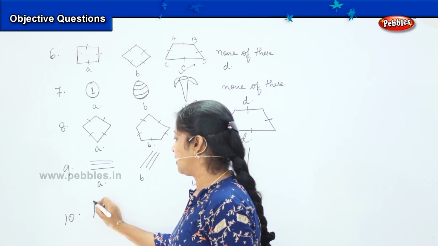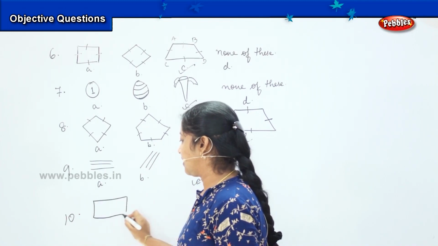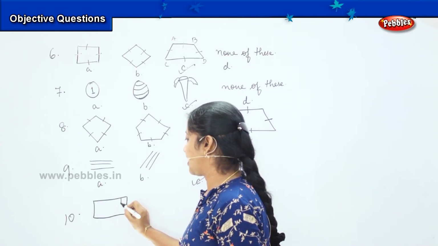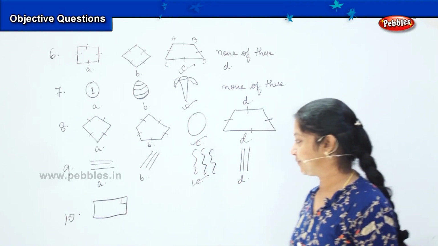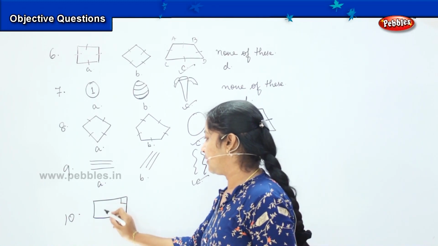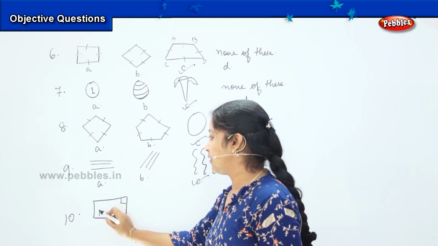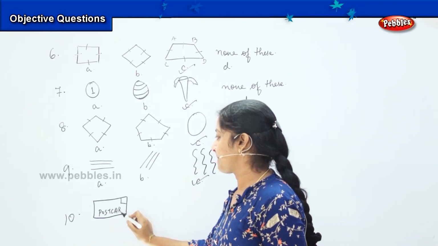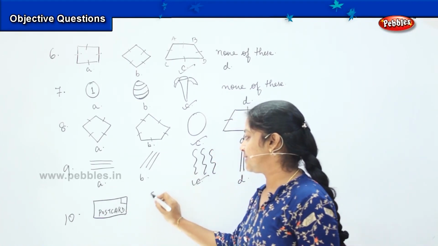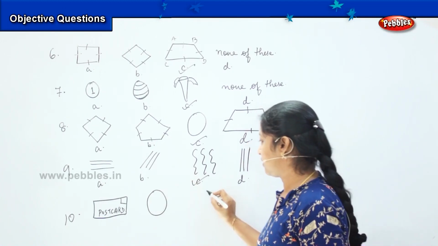Okay. So here you have to tell me which of the following shapes has a rectangular figure. So this is my postcard. This is my ball.